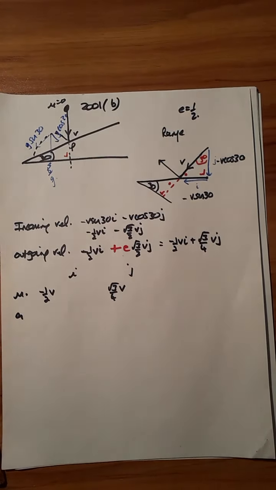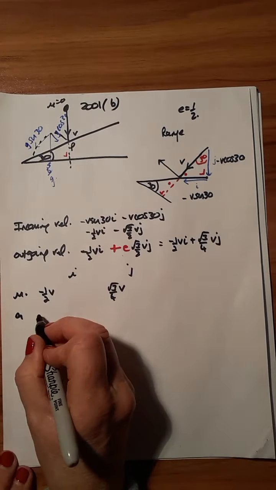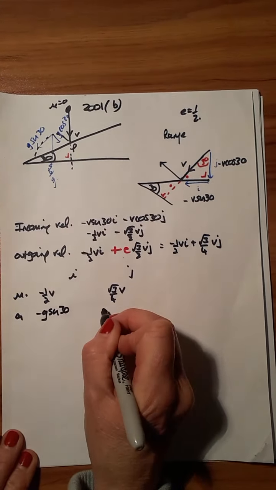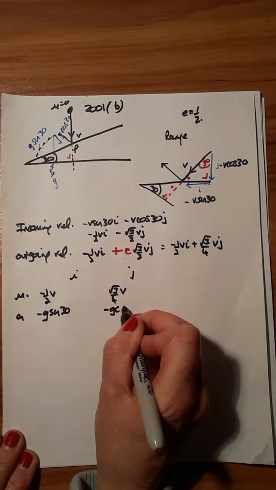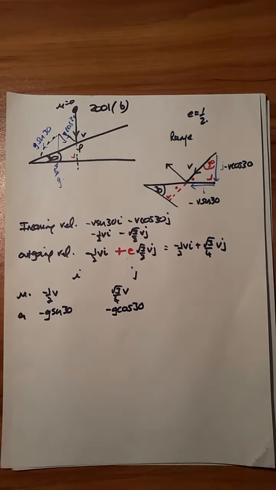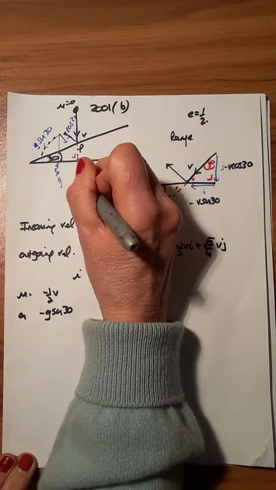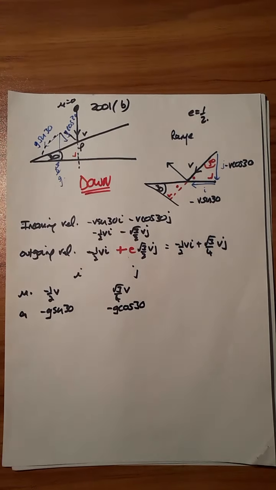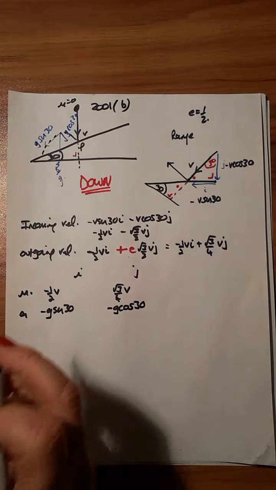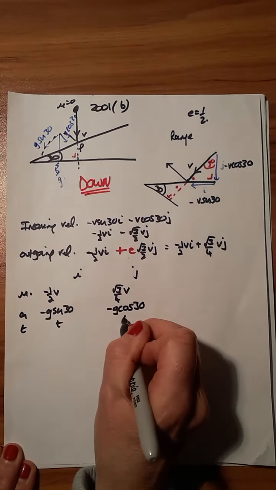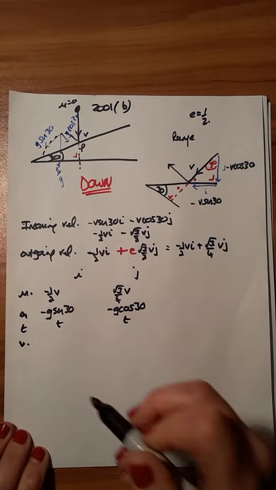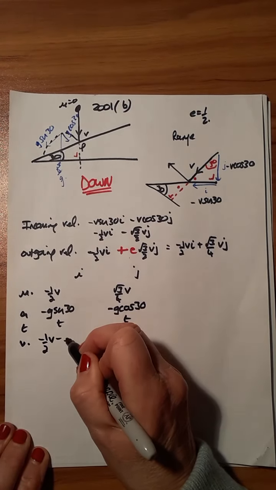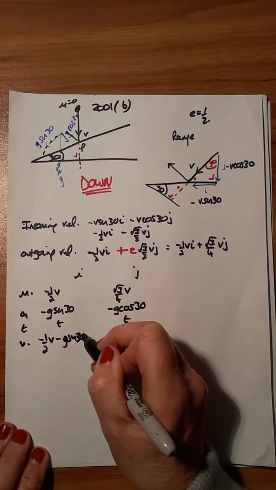So this a will become minus g sin 30, minus g cos 30. Now, I'm going to remember that it's down a plane. So in big red letters, I'm going to remember to change the sign for my v. t is arbitrary. Right, v is going to become u: minus a half v minus g sin 30 t.